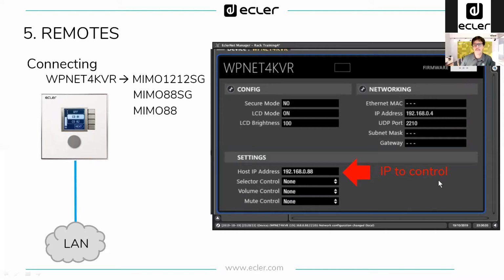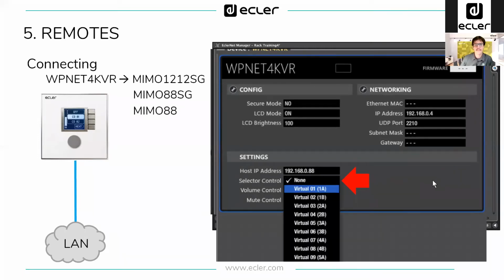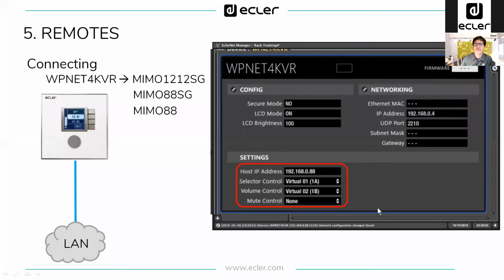This is the IP to control. Next, we'll have the selector control. So we will use a virtual, okay? In this case, virtual 1 should point to that control, and virtual 2 as well.